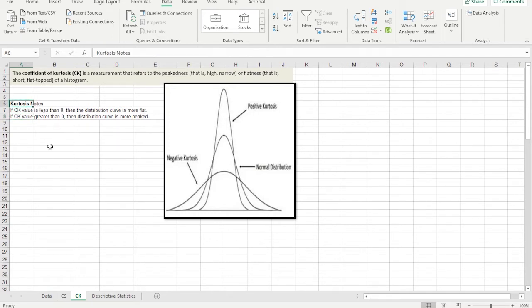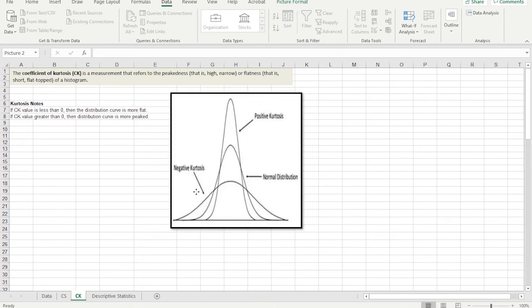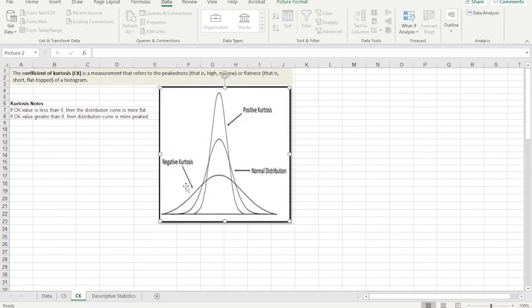So when it comes down to kurtosis, you would want to compare different types of distributions. And so let's go ahead and do just that by focusing on the cost per order data. So what I'm going to do is I'm going to select the column coming from the data worksheet, but what I'll do is I'm going to put my active cell right here in L1 and hit the equal sign.